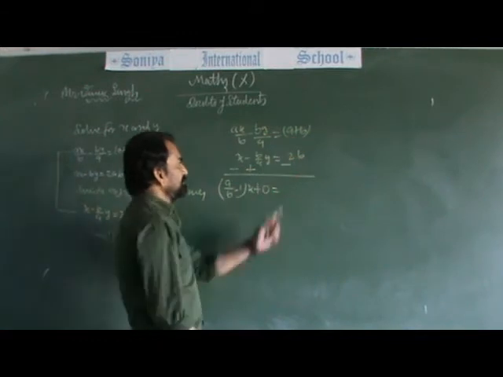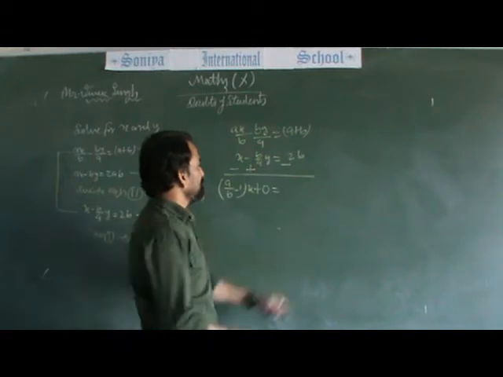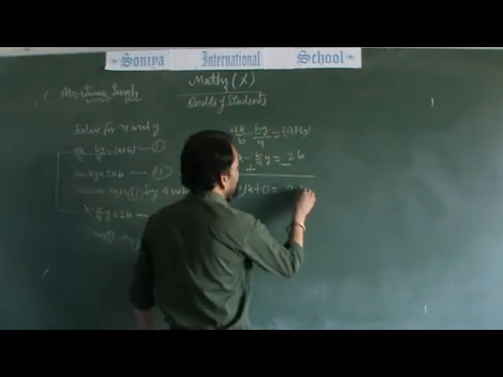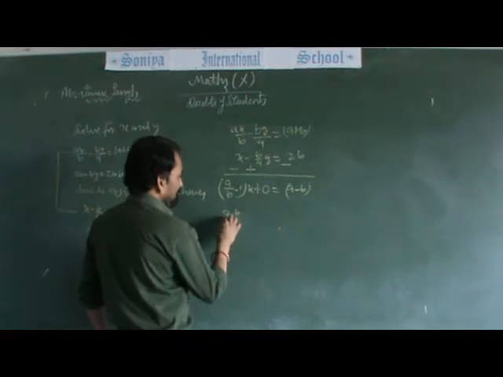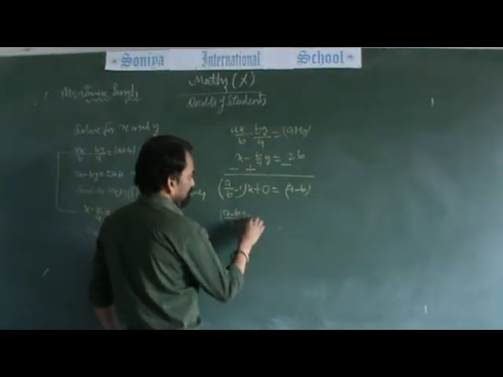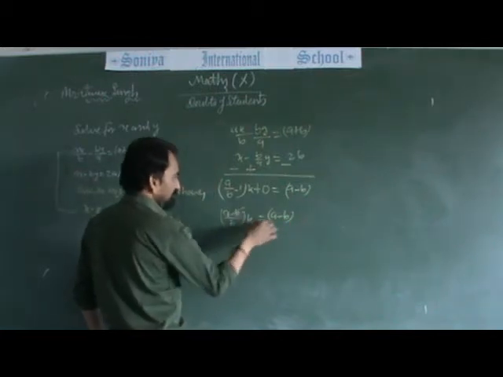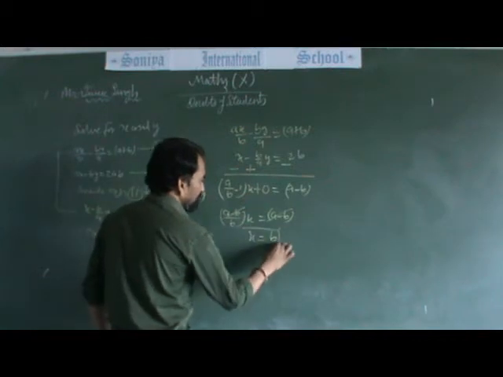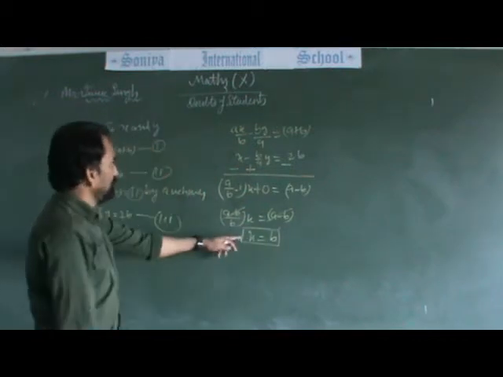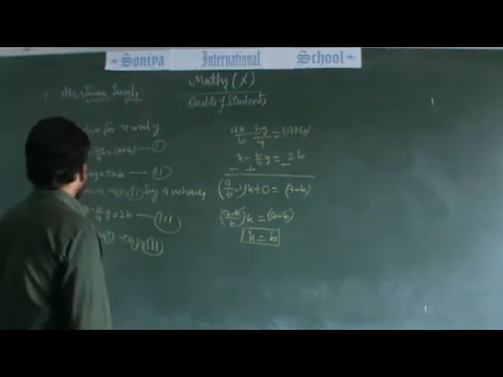Open the bracket again: minus 2b plus a plus b, that means a minus b. Here a minus b upon b into x equals a minus b. So a minus b is cancelled with a minus b. x equals b. We get the value of one variable, which is x.